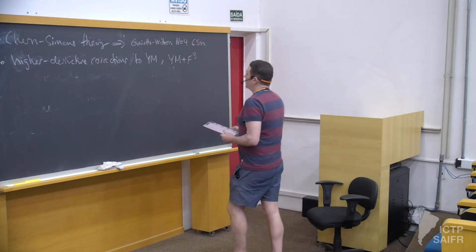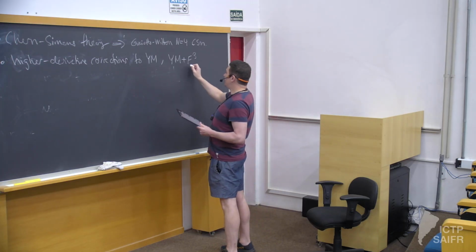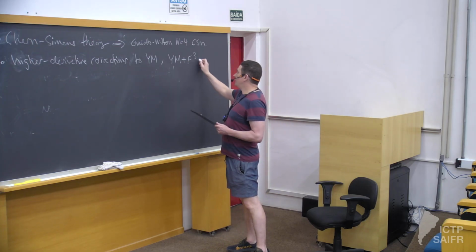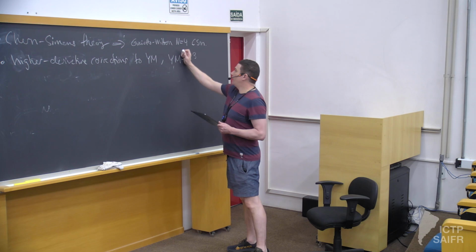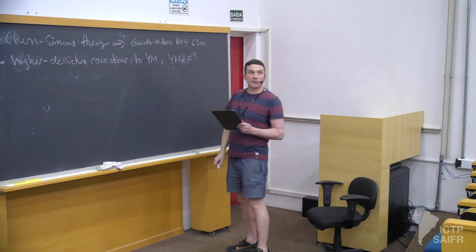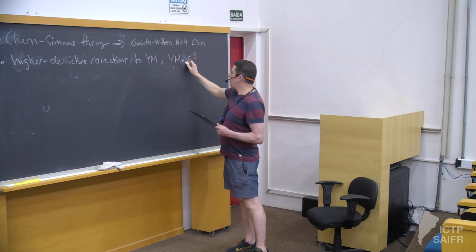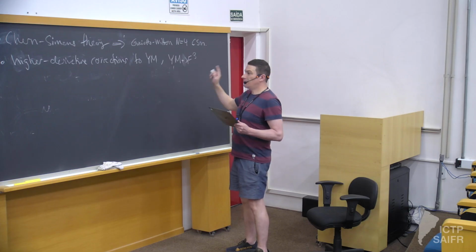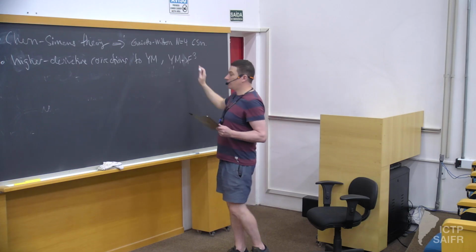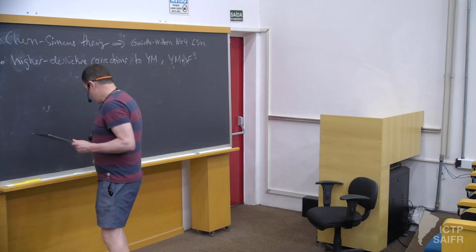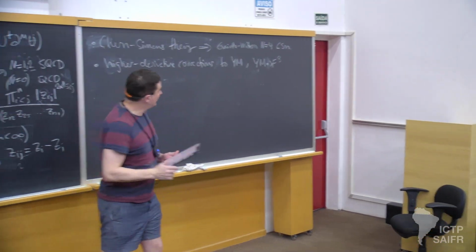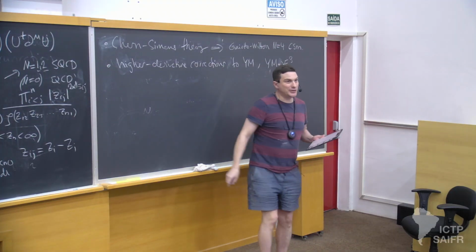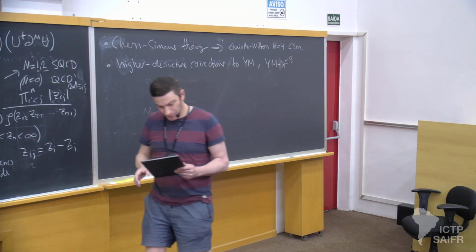Though I should say that this does satisfy color-kinematics duality, but only to linear order in this F cubed perturbation. So if we say that this is a perturbation, then only to linear order in lambda. But for any amplitude, as long as it's linear in this perturbation, it obeys color-kinematics duality. And if you want, you can also find a nonlinear completion, which I did together with Thales, but I'm not going to talk about it today.